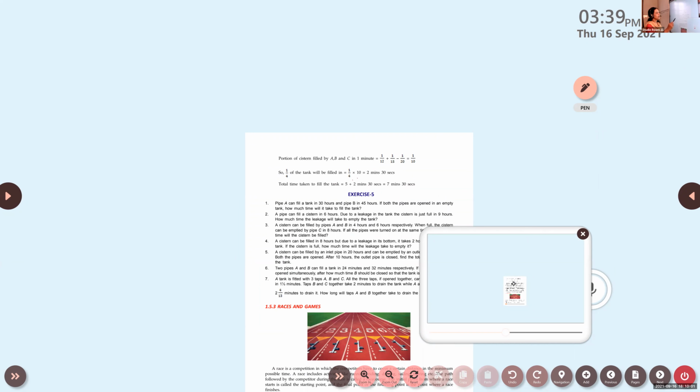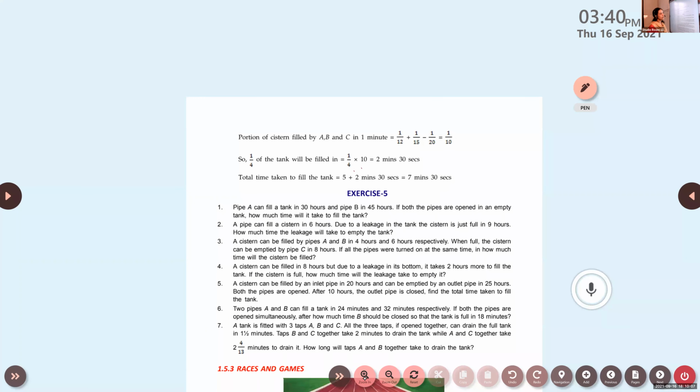First pipe takes 12 minutes, second pipe takes 15 minutes, and the third pipe empties the tank in 20 minutes. So 1 by 12 plus 1 by 15 minus 1 by 20. In 1 minute, what is the part filled? In 1 minute, it fills 1 by 10 of the tank.